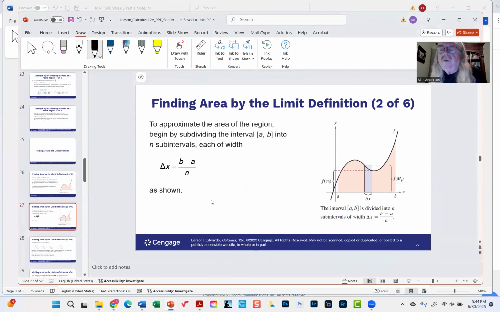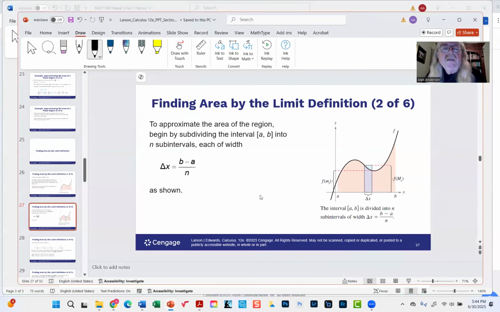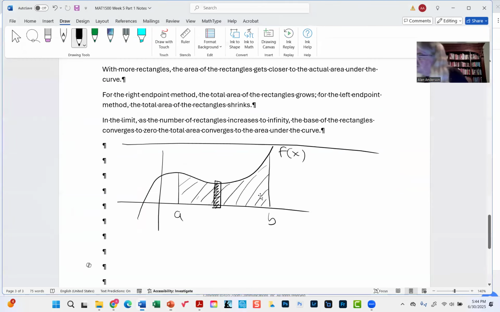Now here, the width of the rectangles will be defined as delta x. Depending on how many rectangles we choose, that determines the size of each base. So it's a very straightforward approach.